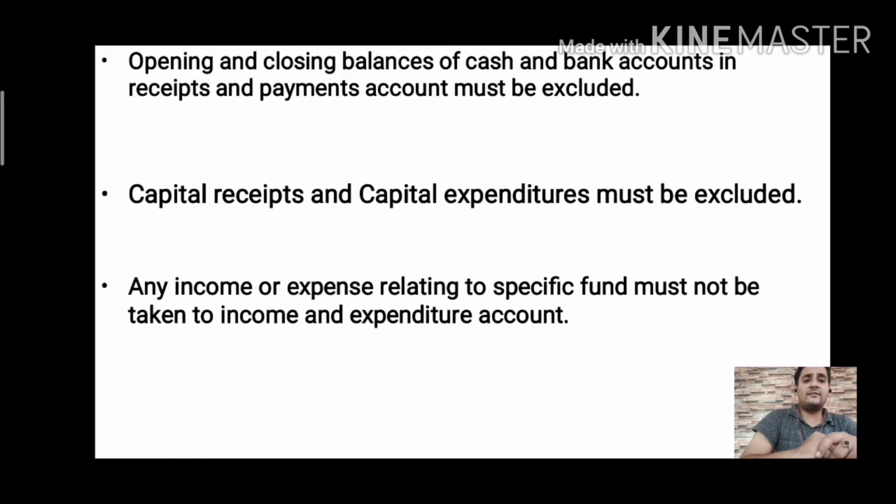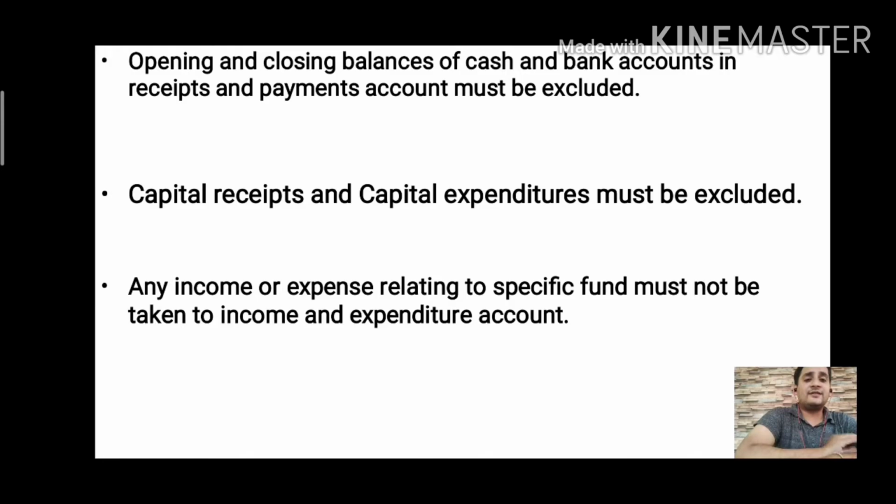Next, any income or expense relating to specific fund must not be taken to income and expenditure account. Means, for example, donation receipt. So, donation receipt may sometimes be specific, meaning a one time donation, meaning some occasion is there. So, that is why donation is received by an organization.